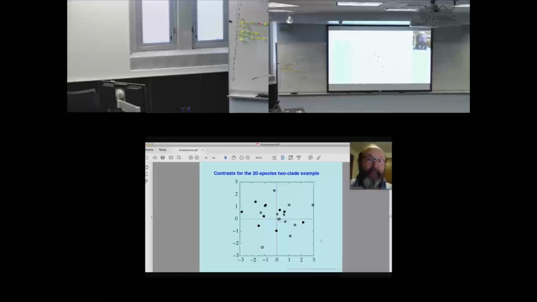And you can get 10 standardized contrasts within the black clade, and there they are. And then there is 1 contrast between the weighted average of the gray and the weighted average of the black, and there it is. And looking at all of those, you can see that it's giving you essentially the right answer. Whereas if you use the TIPS regression, you were completely misled.